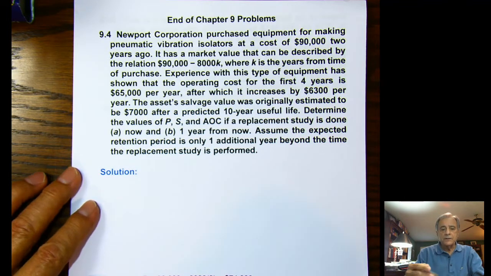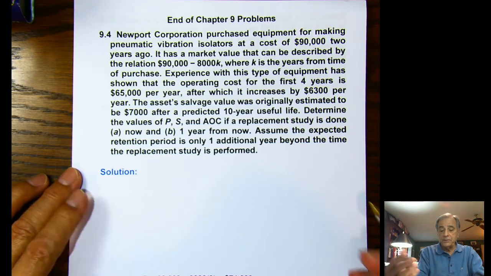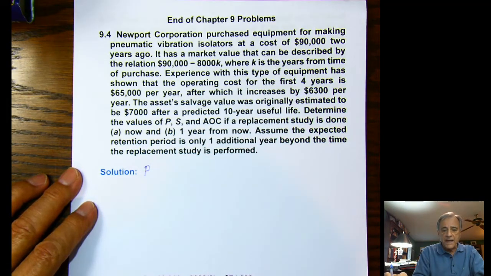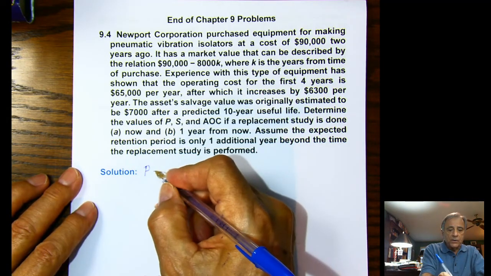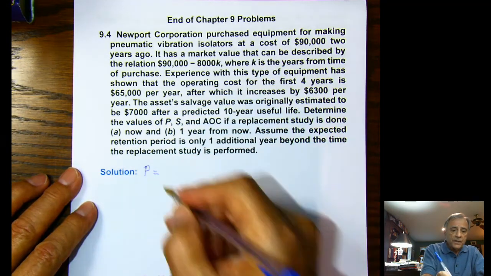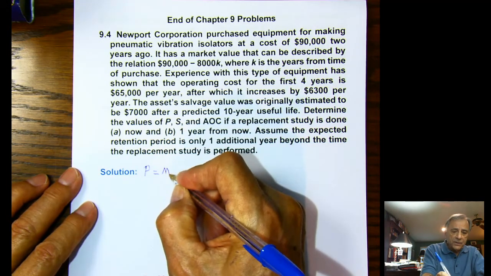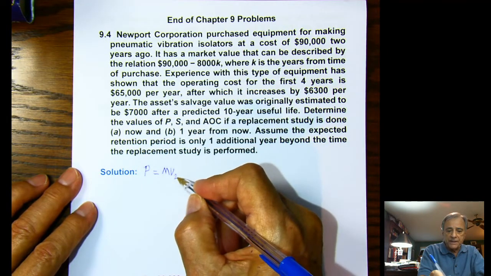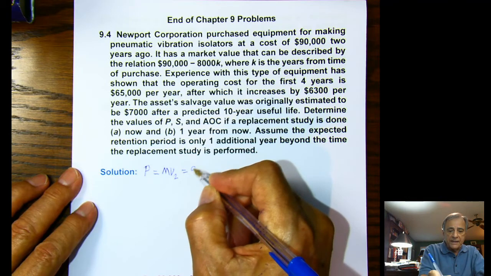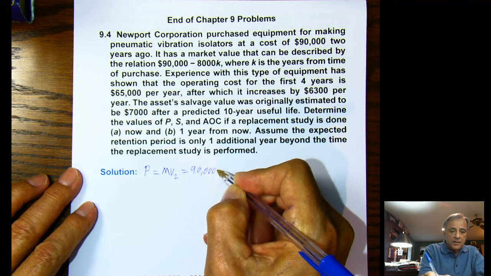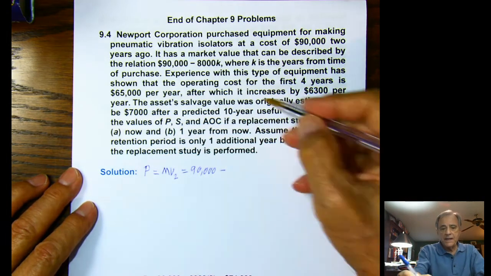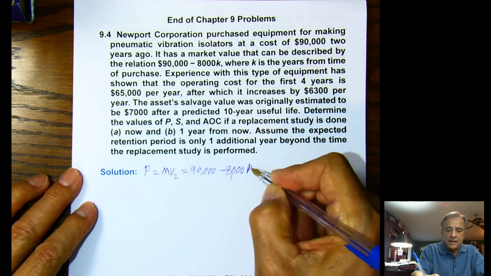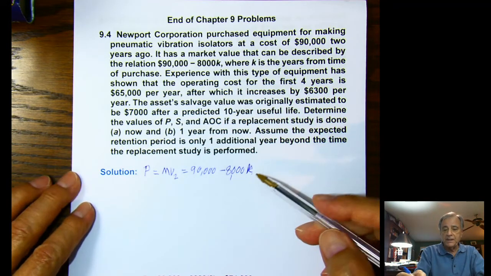So the market value now, for example, the P for this asset right now will be equal to its current market value, but this is 2 years from when it was first put into place, which is 90,000 minus 8,000 times K, which is the age of the machine.